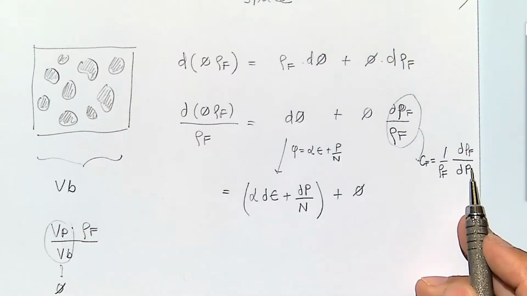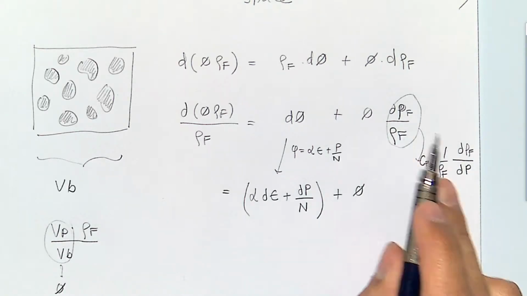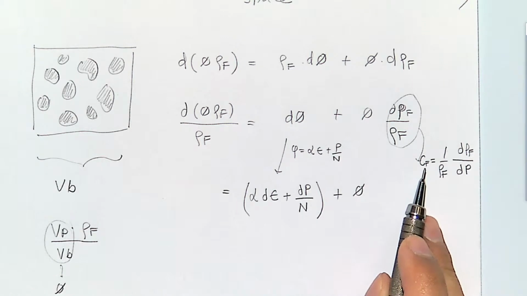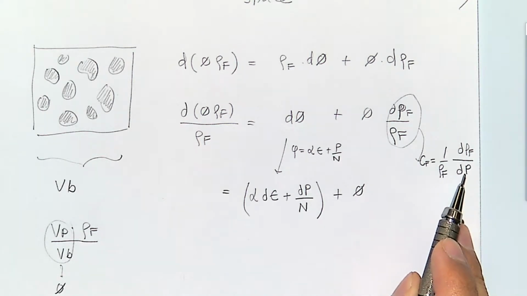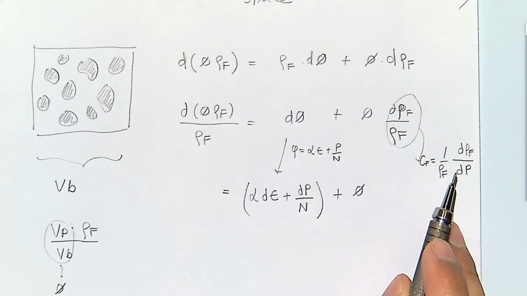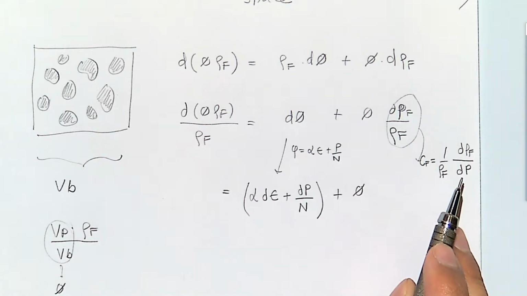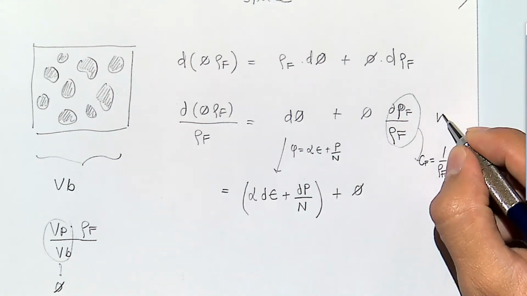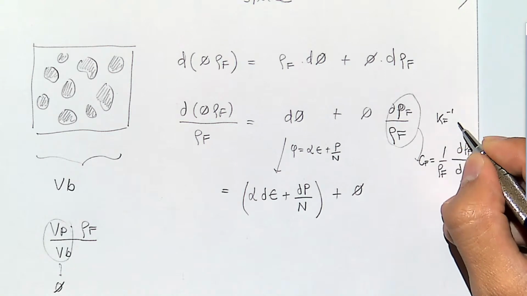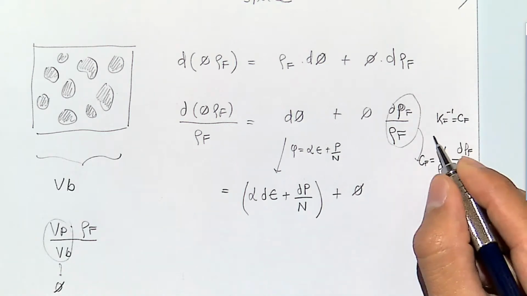So from here, I can use the definition of compressibility, and what I'm going to do is, instead of this, I'm going to use the opposite. I'm going to use the bulk modulus of the fluid, which is just the inverse of compressibility.